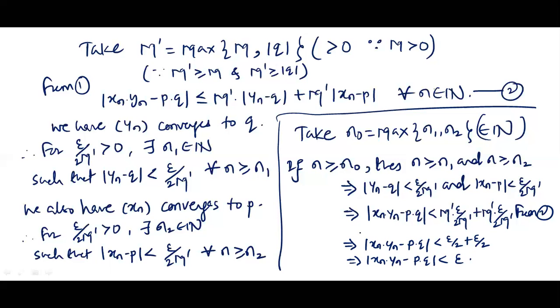Hence, for given epsilon greater than 0, we are getting a natural number n node, such that for n greater equal n node, mod of xn into yn minus p into q is less than epsilon, and therefore the sequence xn into yn converges to multiplication of p and q. Okay, this is the end of the proof.